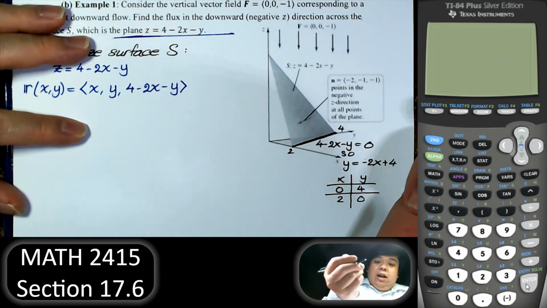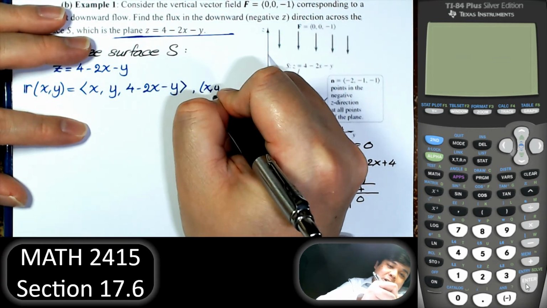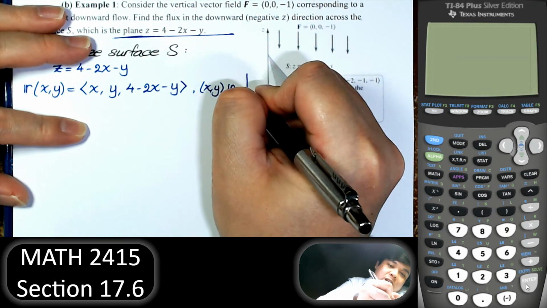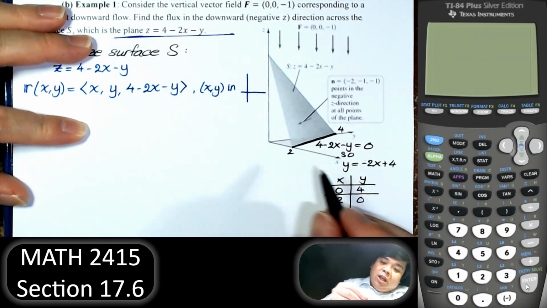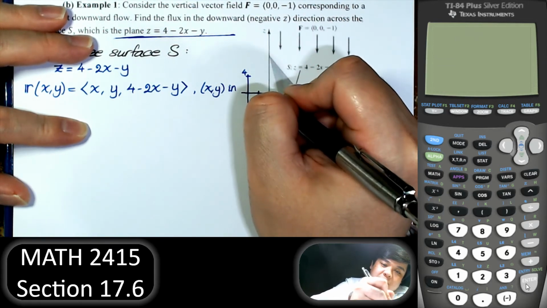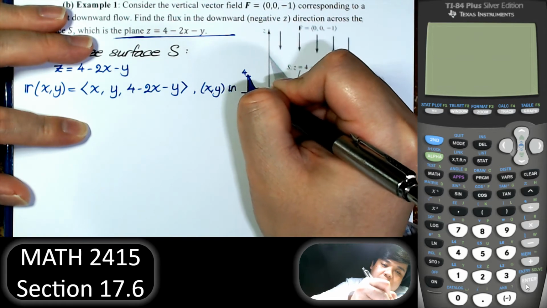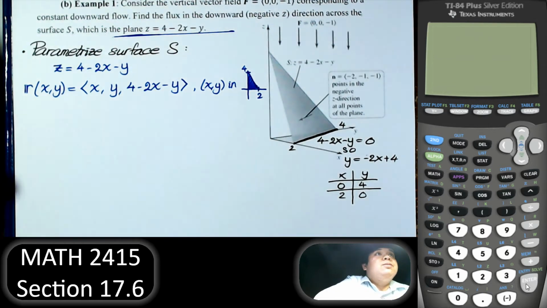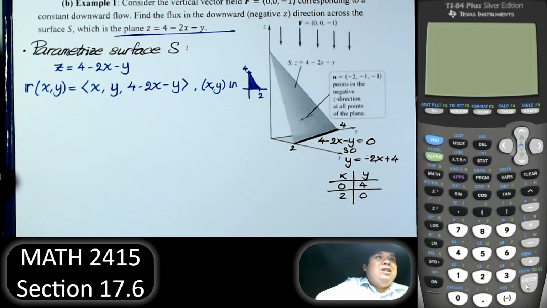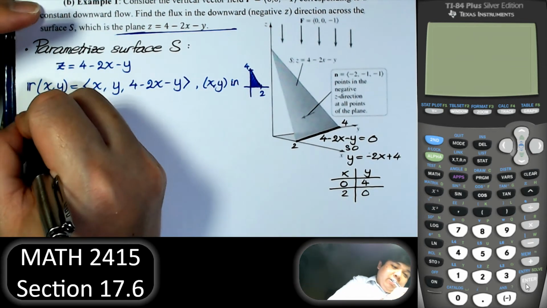And then it's difficult to write the limit, so I'm going to draw it instead. 2 on the x and 4 on the y. Right, nice enough, right? Okay, the vector field.